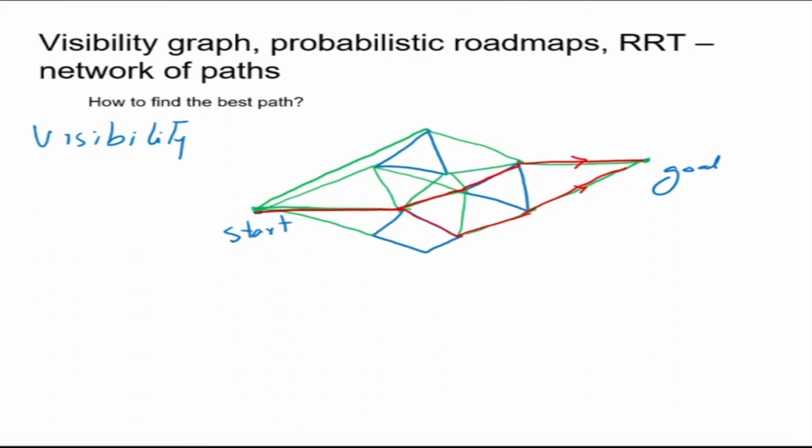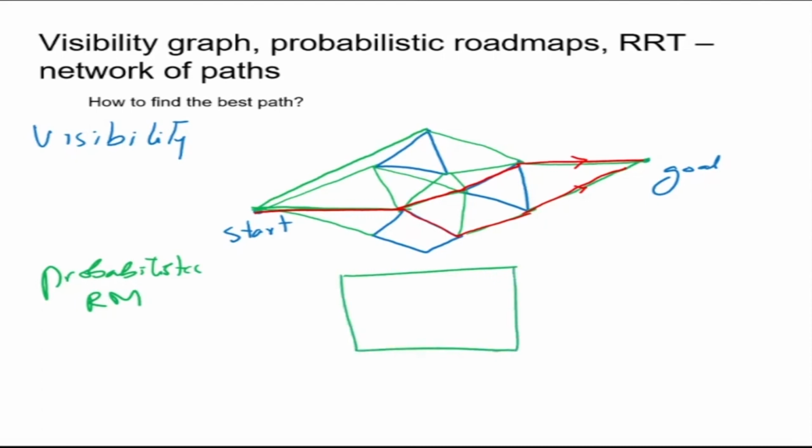Similarly, if you look at probabilistic roadmap methods, again we have, let's say, a workspace like this in which we have a number of obstacles. There is one obstacle here, there's one obstacle here, and my start point is here and my goal point is there, for example. And we generate a number of paths. So these are the various nodes.